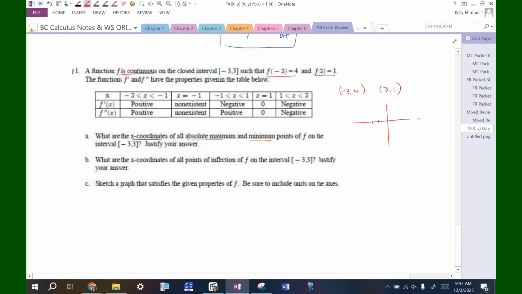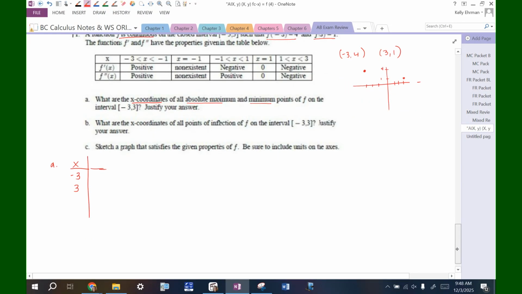We know at -3, we're at 4, and at 3, we're at 1. So remember, candidates for absolute extrema are the endpoints, -3 and 3, and then any places where we have relative extrema, so relative max or min.